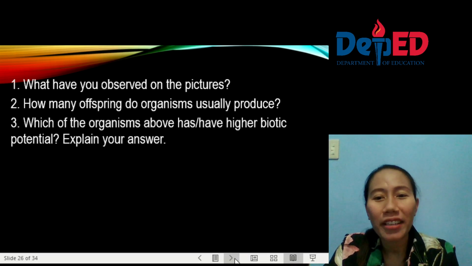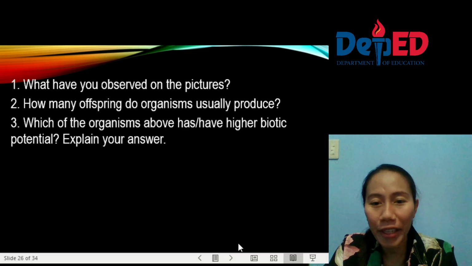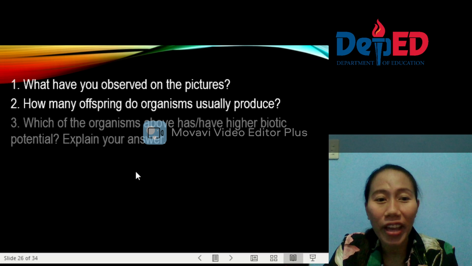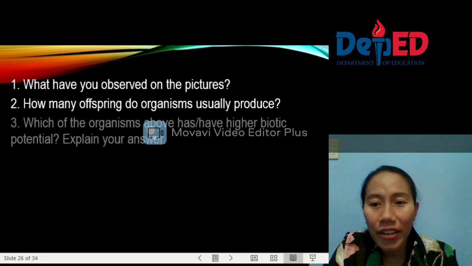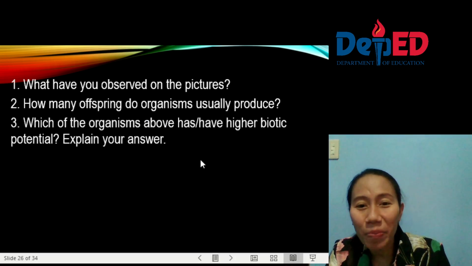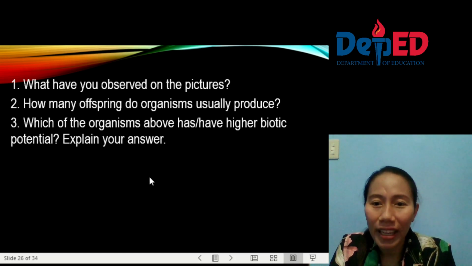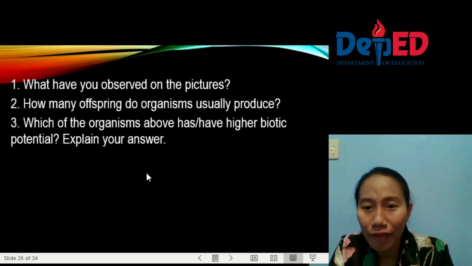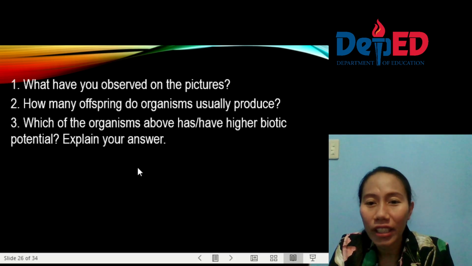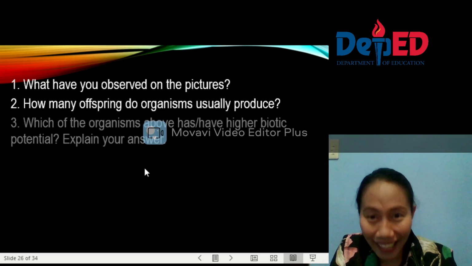Which of the organisms above has or have higher biotic potential? Explain your answer. What do you think? What organisms has or have a higher biotic potential, learners? Okay, so based on the picture, the organism that has higher biotic potential is actually the cat.